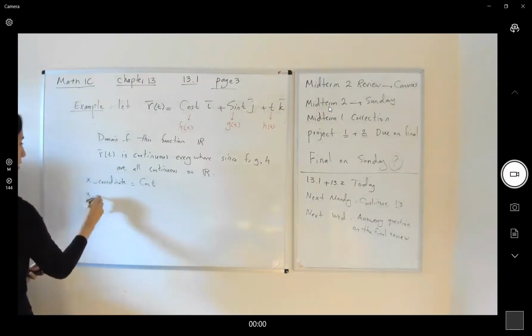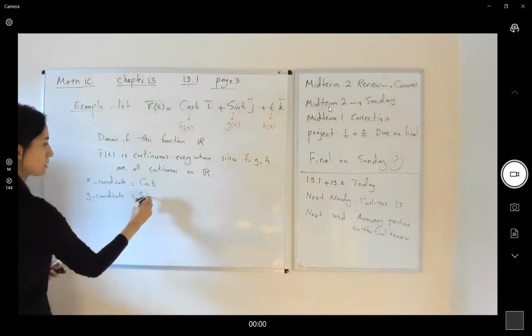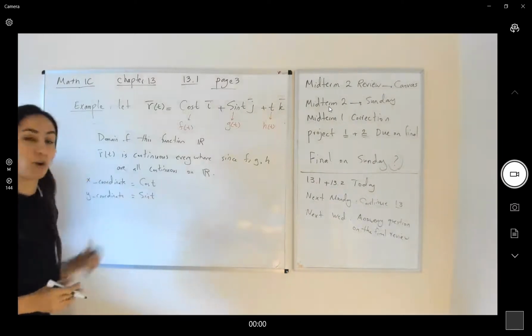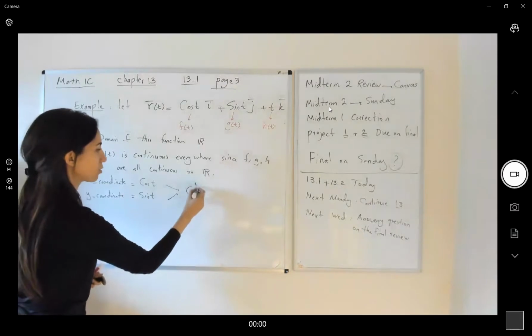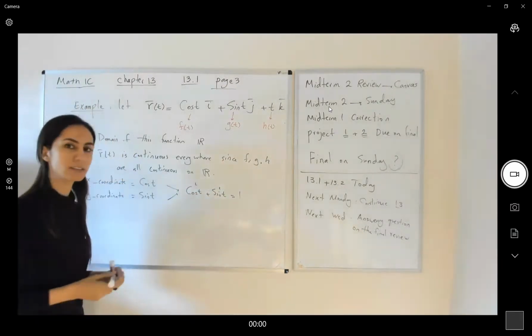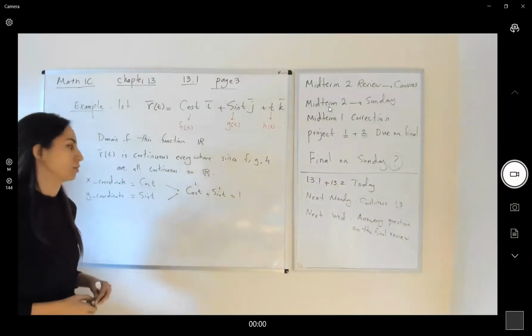My y coordinate is sine t. What's the relation between x and y, cosine and sine? We know that cosine squared plus sine squared is always 1. It means that we can form a circle.